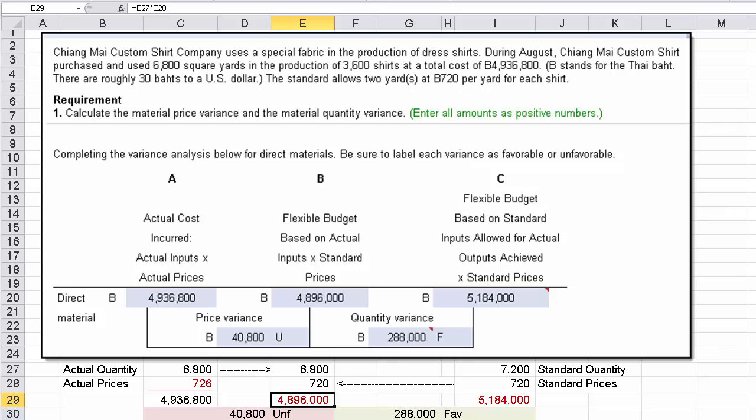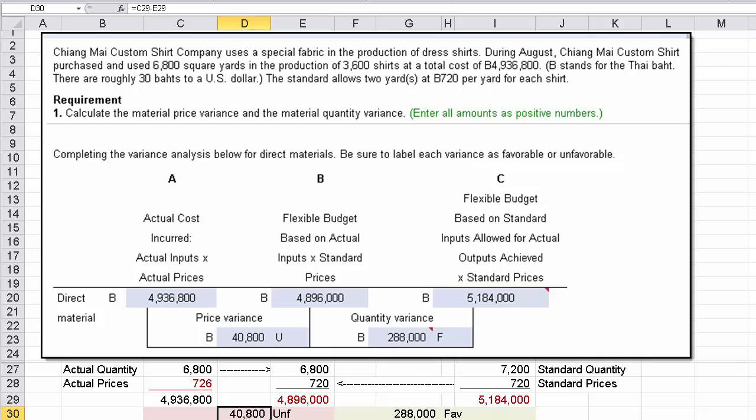And the price variance will be favorable if the actual number, the number on the left, is less than the number on the right. Since the number on the left, actual price, is greater than the number on the right, which is our flexible budget amount, that's an unfavorable variance. It happens to be 40,800 baht.